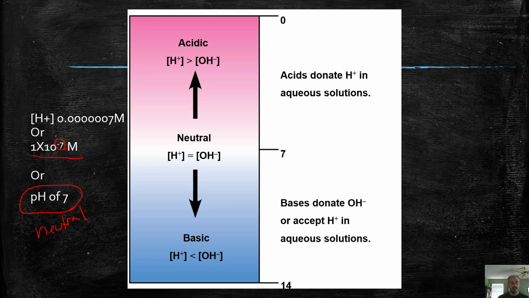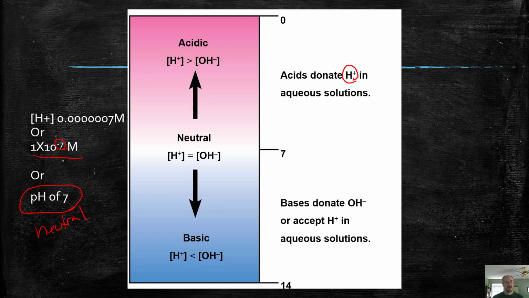Okay? Now, if we add something to this water to increase the hydrogen ion concentration, we make the hydrogen ion concentration go up, right? So if hydrogen ion concentration goes up, that is going to cause the pH to become more acidic. So if something donates hydrogen ions to the solution, it becomes more acidic.